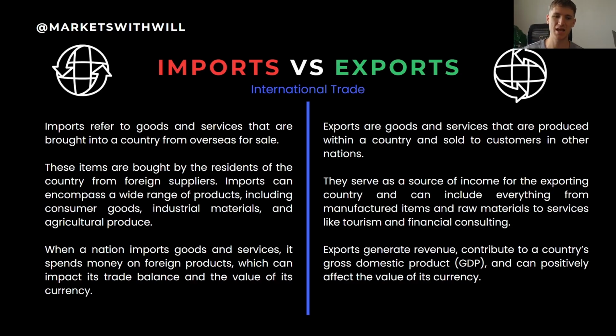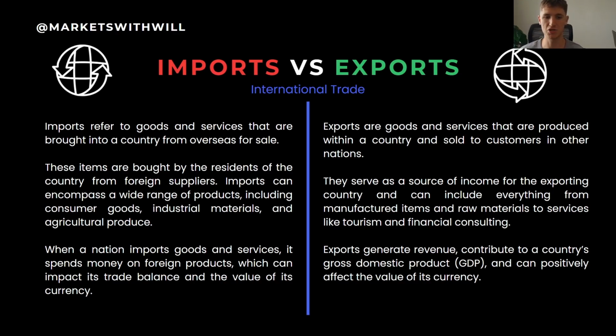Imports can encompass a wide range of products, including consumer goods, industrial materials, and agricultural produce. Right at the start of this year, pretty much since Donald Trump came into administration, there was a lot of fear and uncertainty around tariffs, and lots of businesses got affected by the tariffs, and that all impacts international trade, which therefore impacts currency valuations.